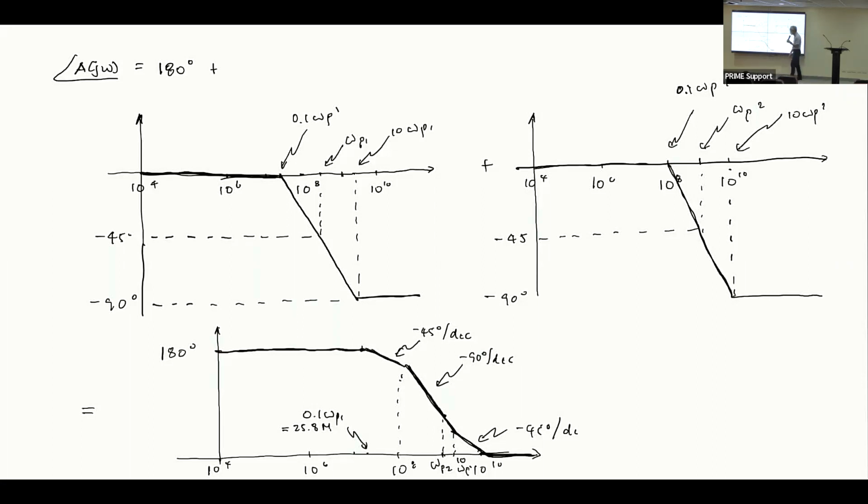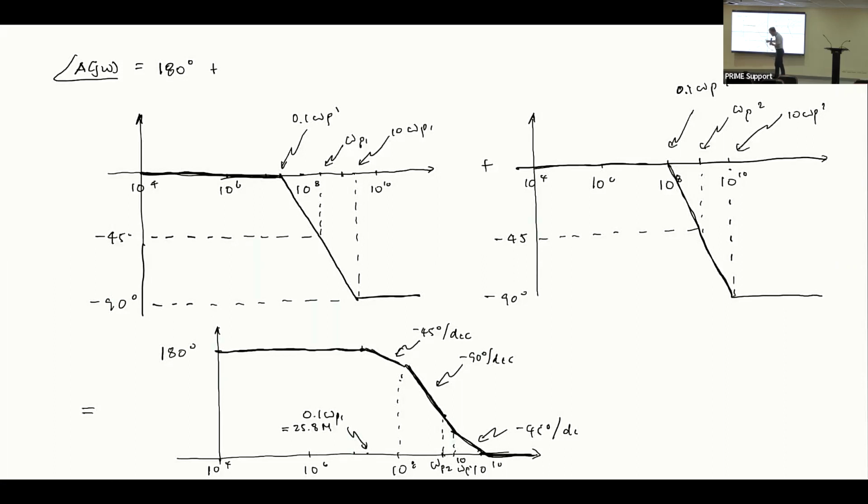And if you do that, okay, you're 180 until you reach 0.1 of omega P1. Then you're going to go down by minus 45 degrees per decade, no? Until you reach omega P1.